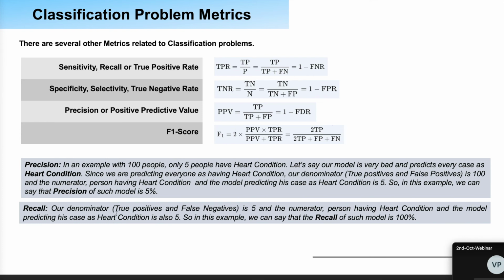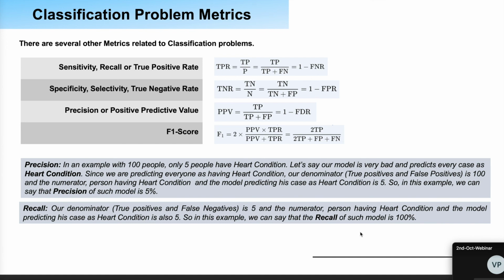Now in the same case, our denominator, true positive plus false negative, is 5, and the numerator, true positive, a person having heart condition and the model predicting heart condition, is also 5. Hence the recall of this model is 100%, because 5 out of 5 level 1 cases have been predicted correctly.